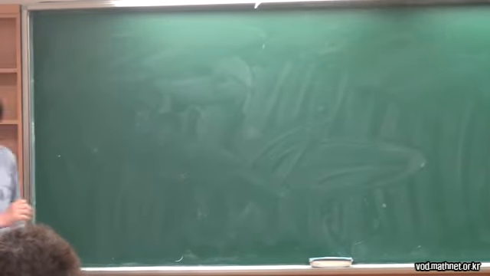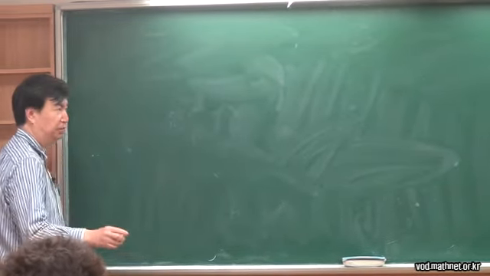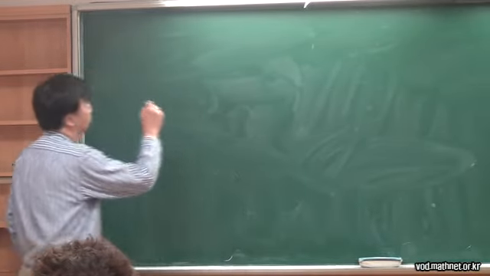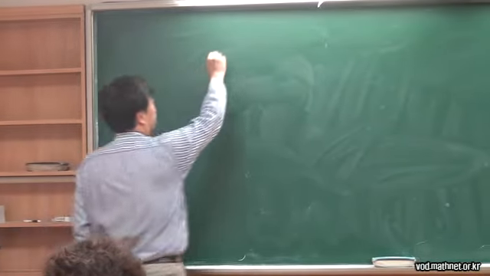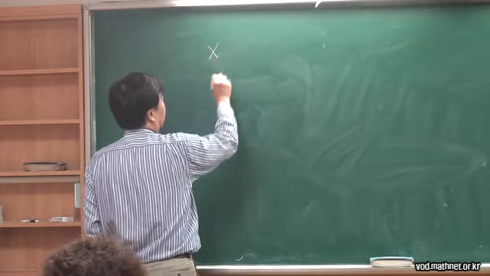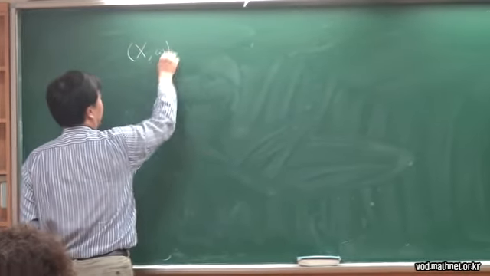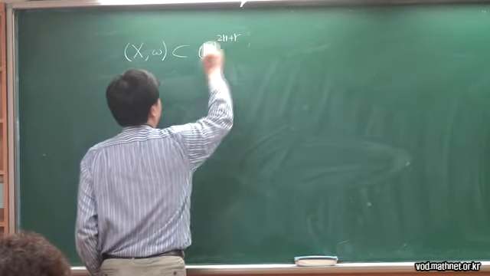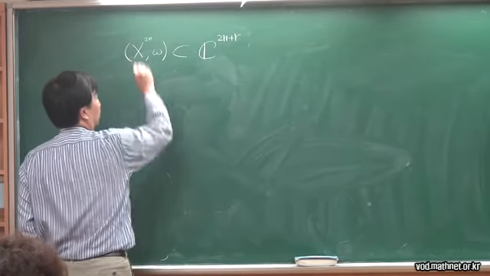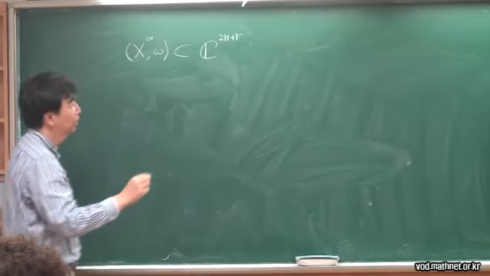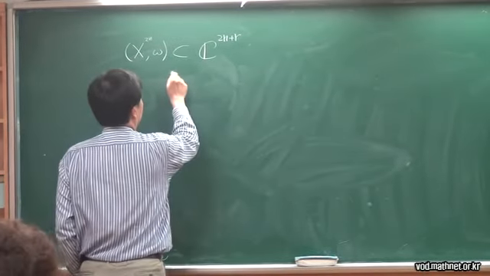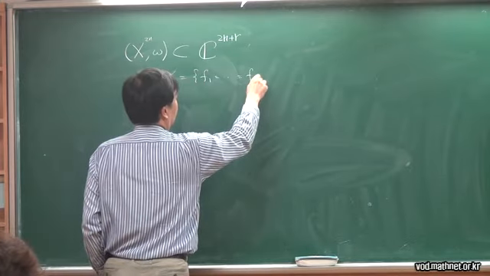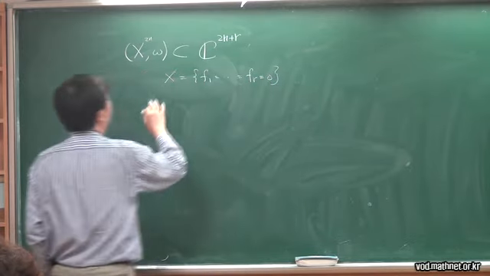So today I'm going to treat the following symplectic varieties. Of course, the original problem is as follows. X is an affine symplectic variety embedded in the affine space as a complete intersection of homogeneous polynomials.